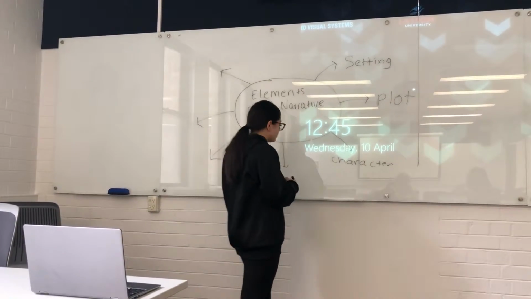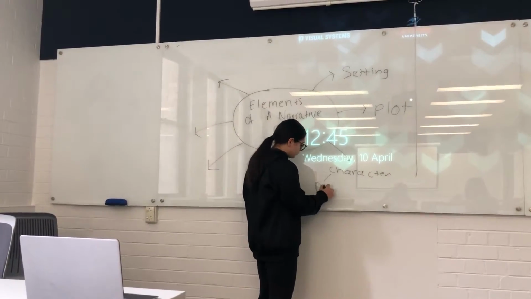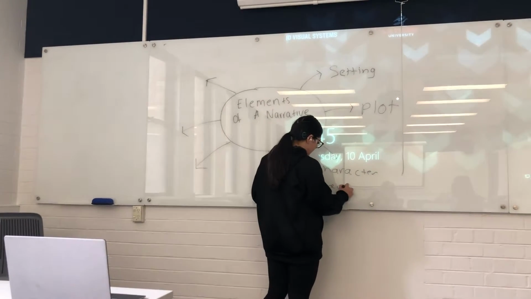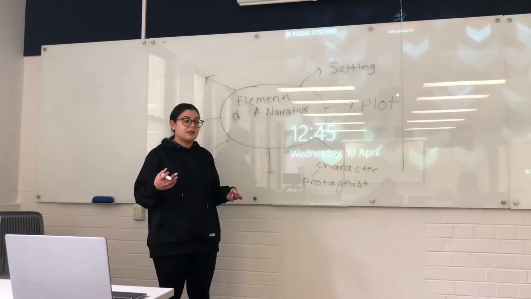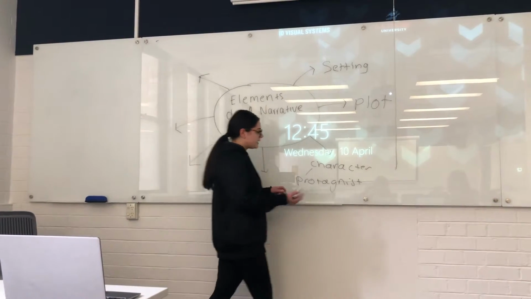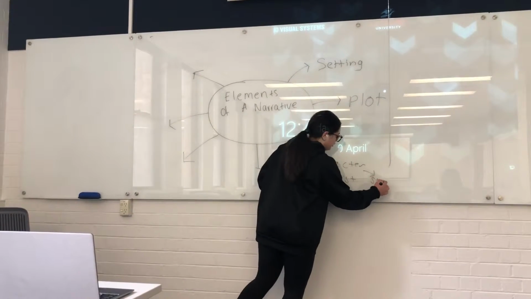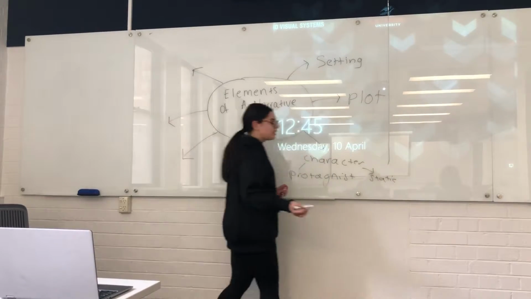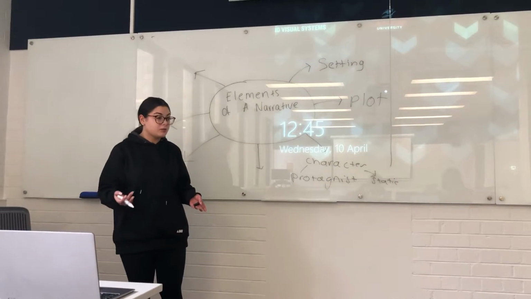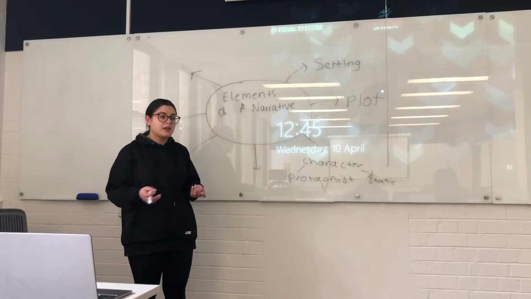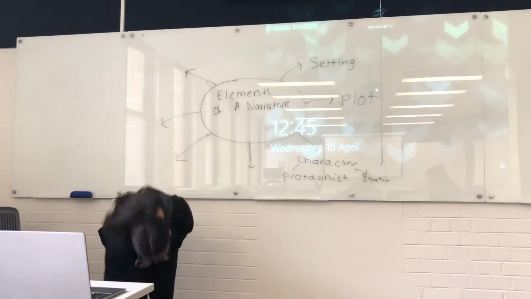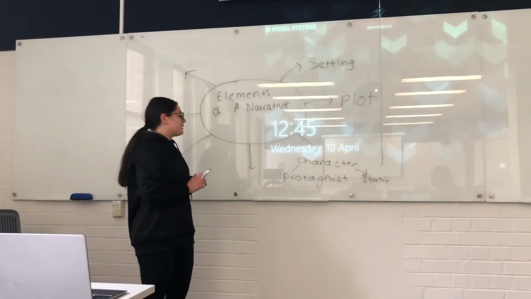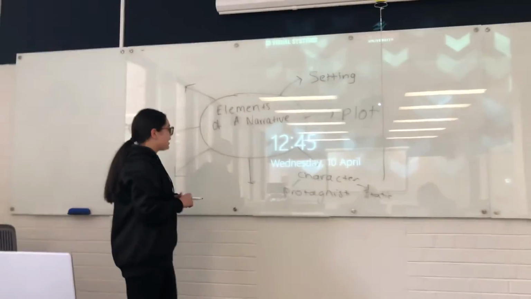So there's a protagonist, which is the hero of the story, someone that is the main effect of the story, someone that's going to make an impact in your story. And then there's people like static characters, which are people on the side that act like extras, like in films and movies, but they're in your story. So you need to figure out how you want to play your story and people you want to play your story with.